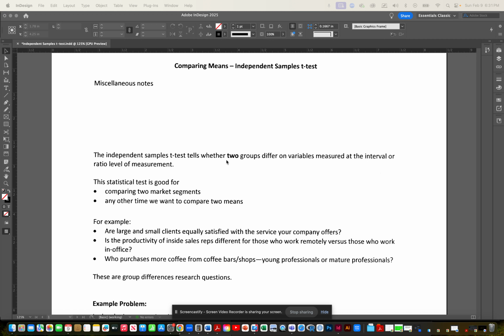Perhaps your company serves large and small clients, and you want to see if each group is satisfied with the service that your company offers. So you might want to compare the satisfaction levels there. And then in a sales context, and also the topic of remote work, you might be interested to see if your inside sales reps are more productive versus those who work remotely.